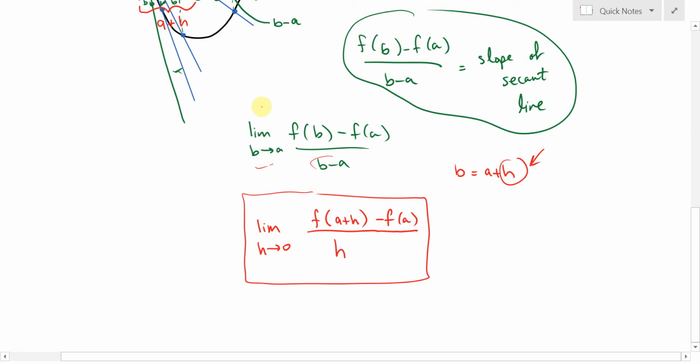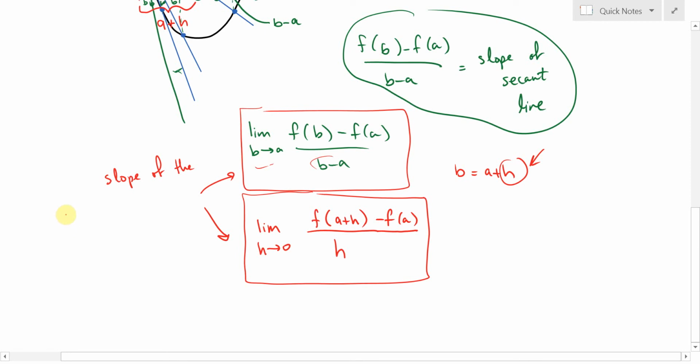Both of these formulas represent the slope of the tangent line, tangent to the graph and passing through the point a comma f of a, which is what we were looking for in the first place.